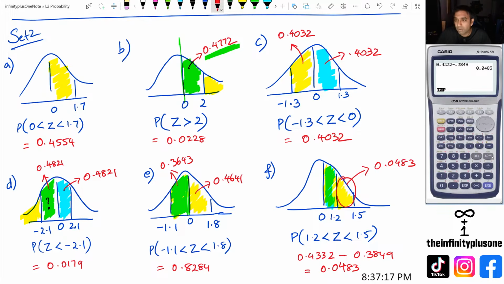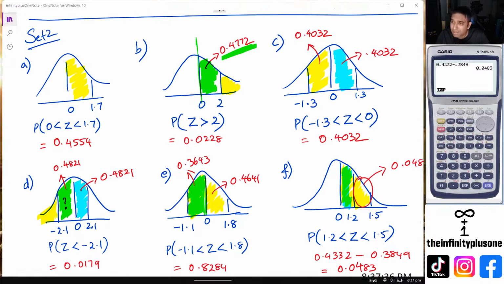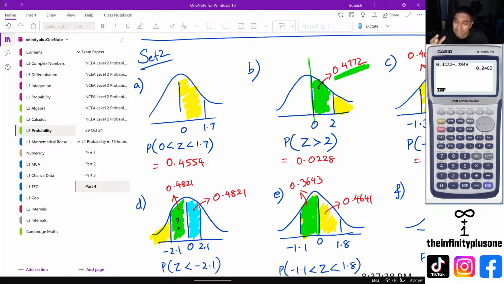Fantastic. Now, look, the problem here is that your Z values are not always going to be beautiful one decimal place. Hudson, I will answer that question right now, because there is one whole question dedicated to normal distribution. This is last year's exam paper.